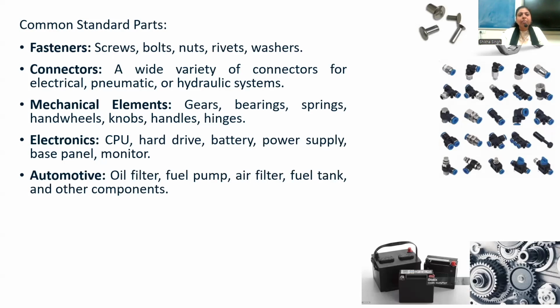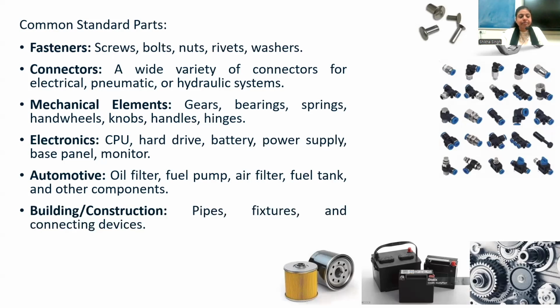Then particularly in the automotive segment, if you see oil filter, fuel pumps, air filter, fuel tanks, these are all the standard parts which can be used to be replaced in any of the automotive product. Then for the building or construction domain, pipes, fixtures, connecting devices.